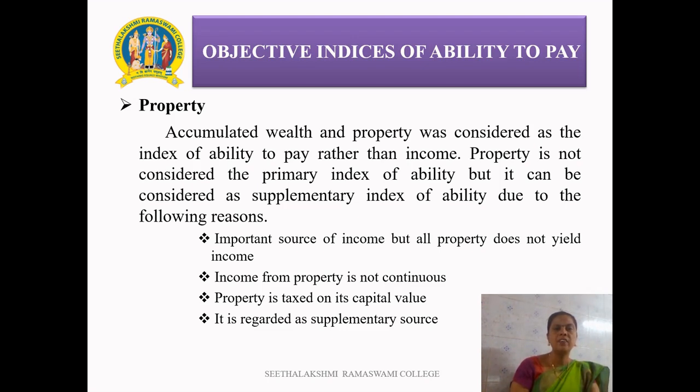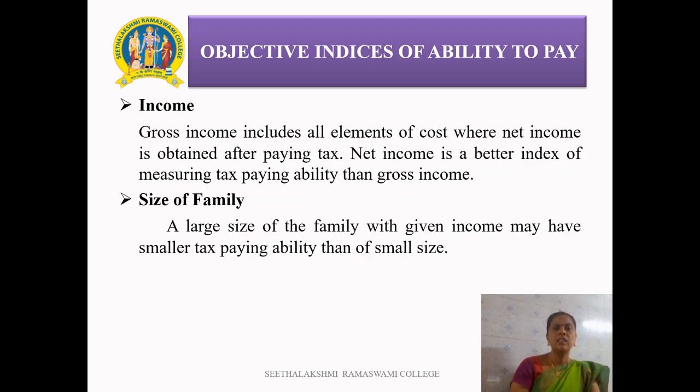It has an adverse effect on the willingness of the people to work, save and invest. And also it has a consequent effect on capital accumulation and growth of the economy. Next, income. The second index of ability to pay can be accepted as income.